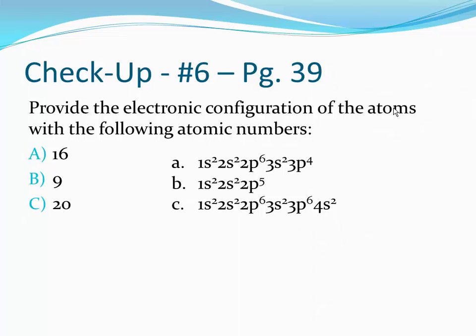That represents 16 electrons. And then for B, 1s2, 2s2, 2p5 represents 9, which would be fluorine. 1s2, 2s2, 2p6, 3s2, 3p6, and 4s2 represents 20 electrons, which would be calcium.